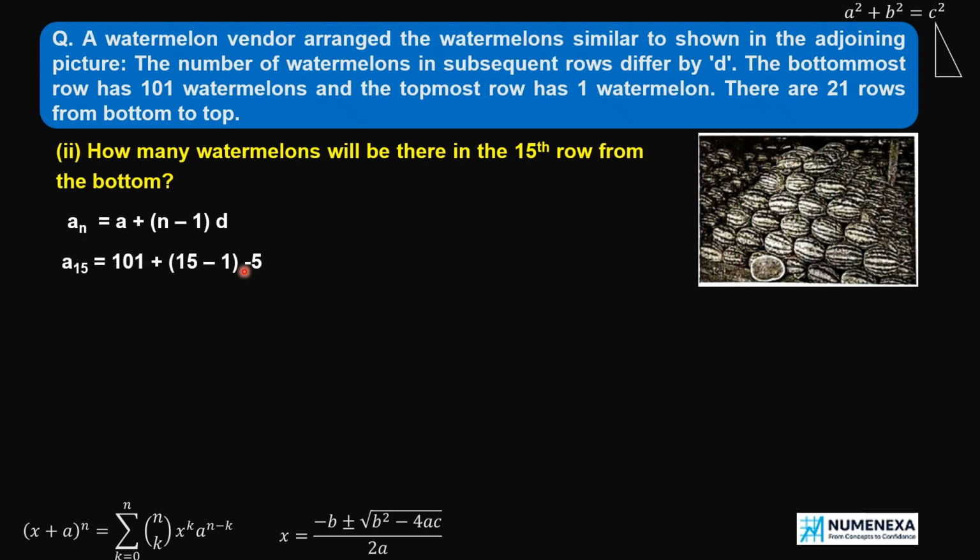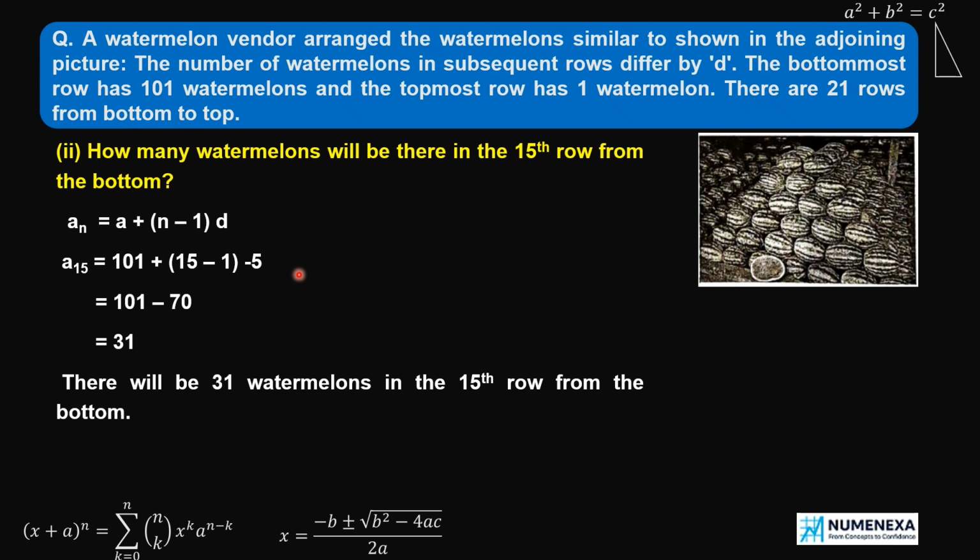So a15 is equal to a, the first term from the bottom, 101, plus 15 minus 1, and d we have just computed as minus 5. On simplification, we get 31. So we can say there will be 31 watermelons in the 15th row from the bottom.